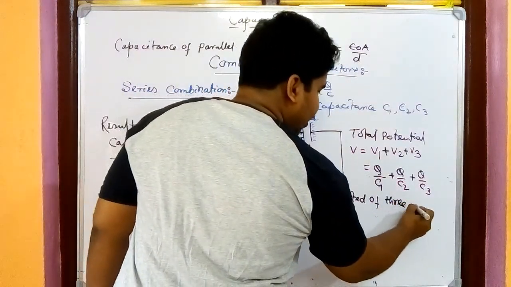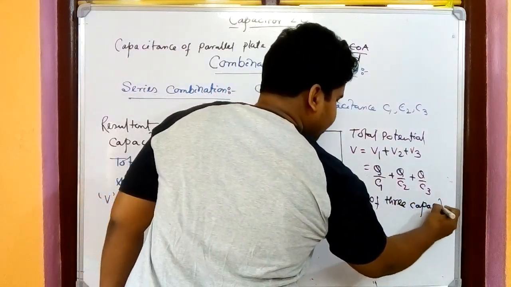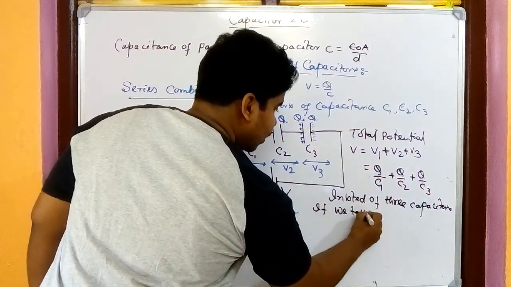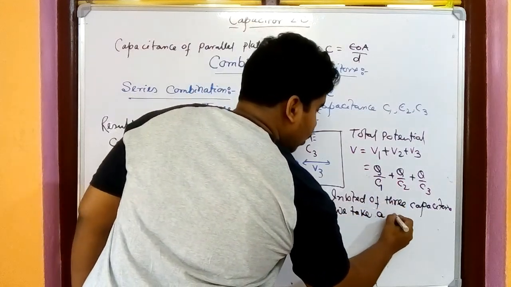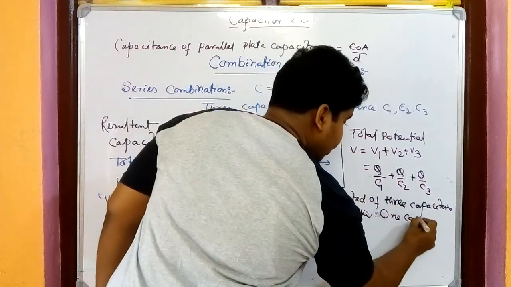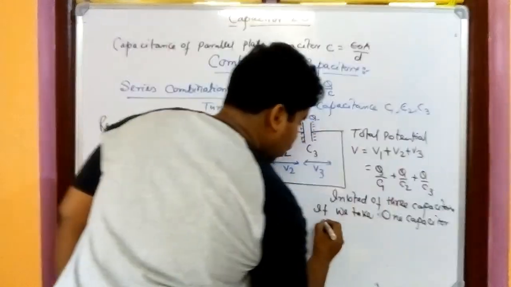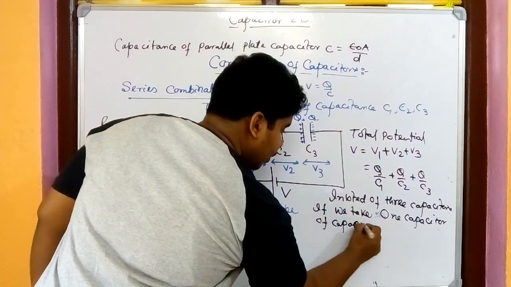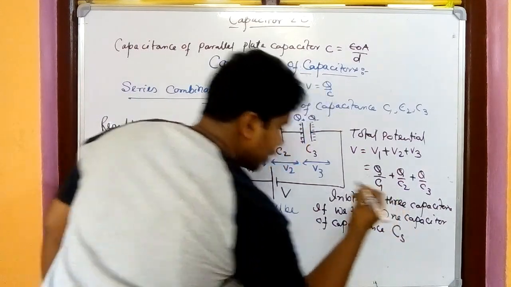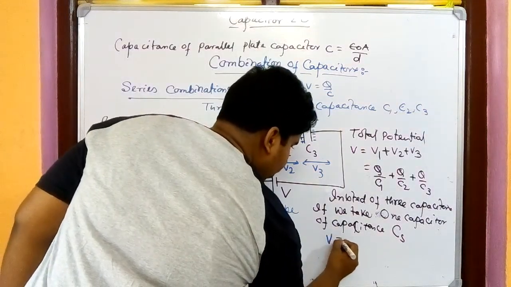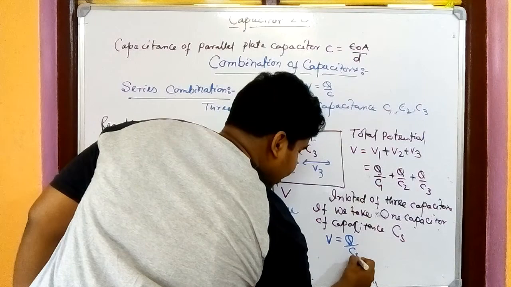Instead of three capacitors, if we take one capacitor of capacitance CS. CS, as we are talking about series, that's why it is CS. So from here we can write V equals Q by CS.